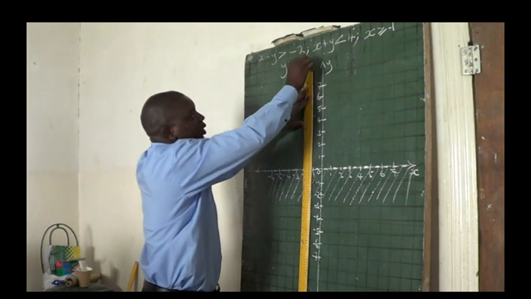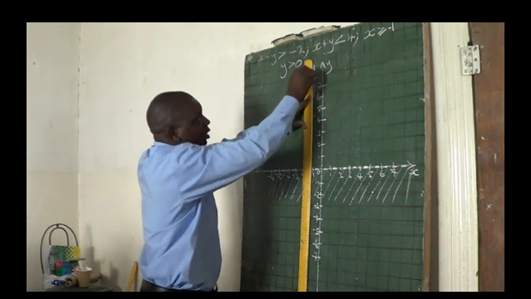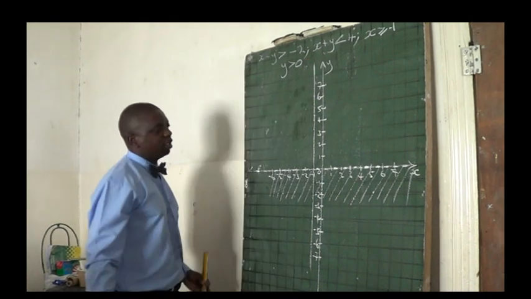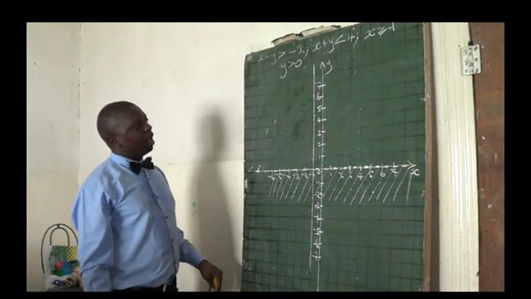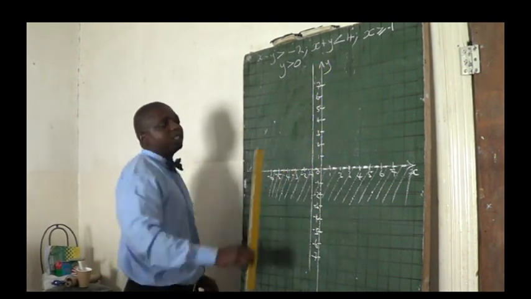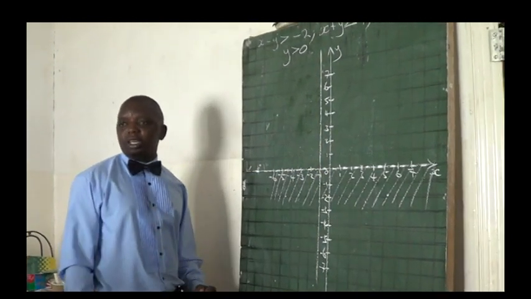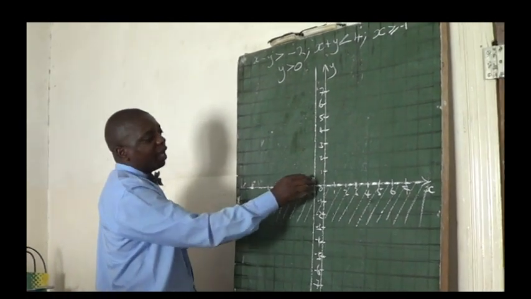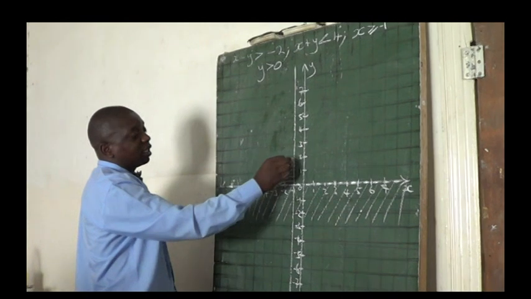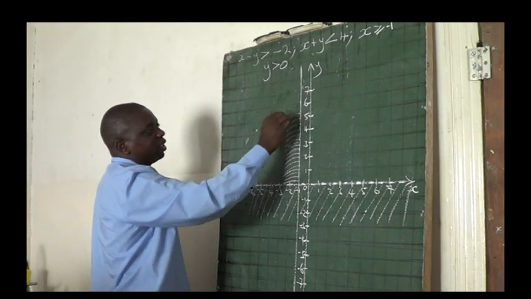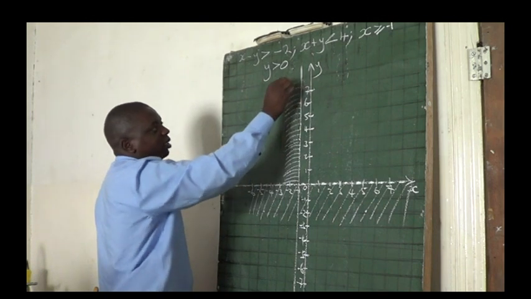Greater than or equal to, it means the nature of the line is solid. We want the values which are greater than or equal to minus 1, and we do not require the lesser values, so we shade the region of values less than minus 1.